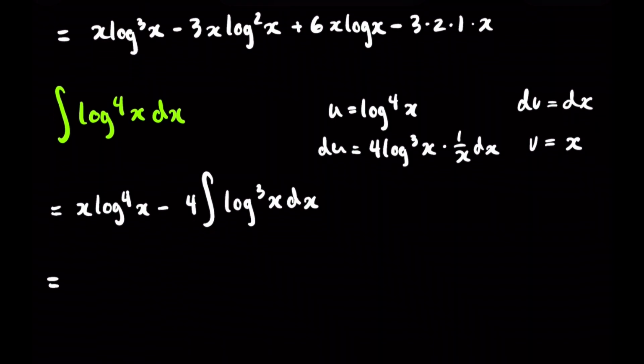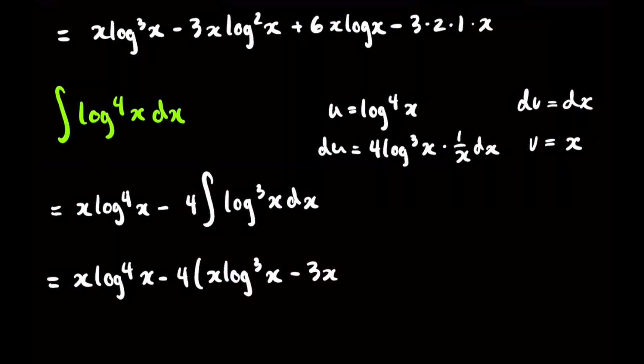Plugging in the result from above, we have x times log to the 4th x minus 4 times x log cubed x minus 3x log squared x plus 6x log x minus 3 times 2 times 1 times x.